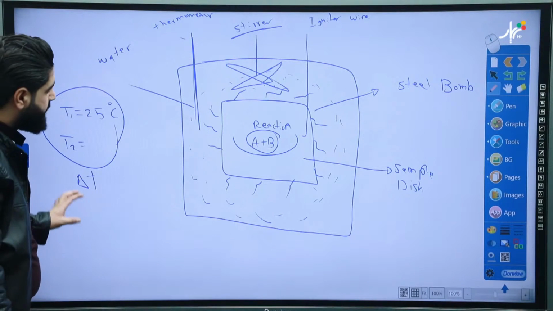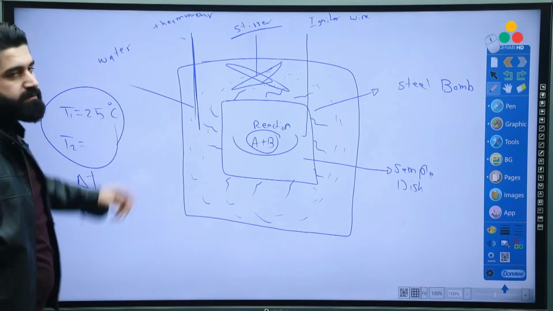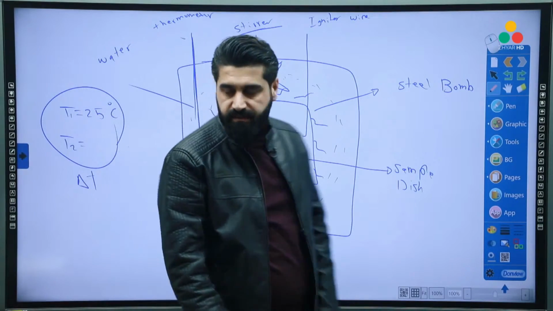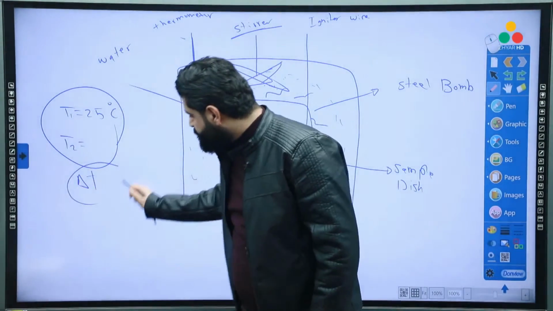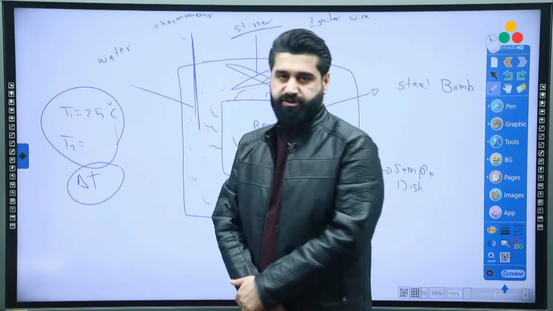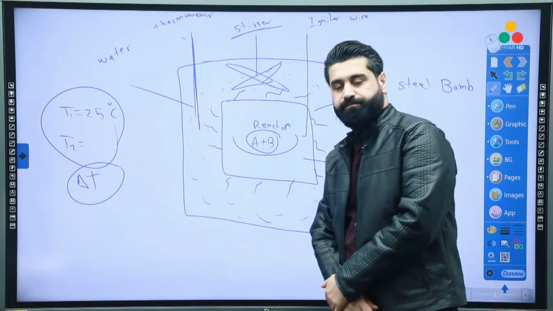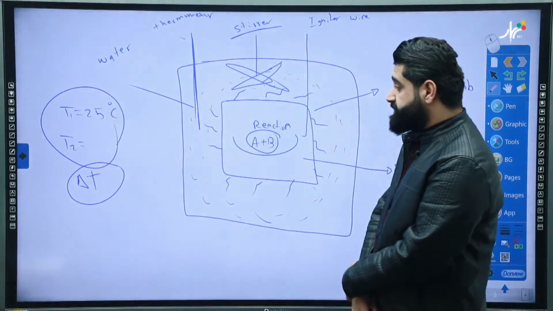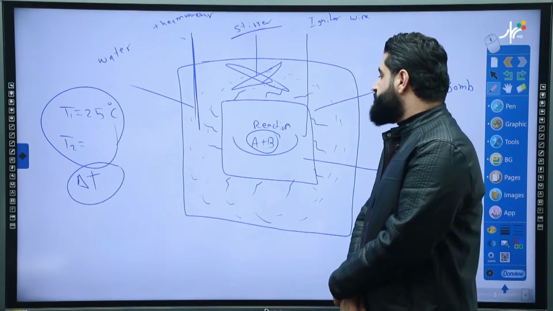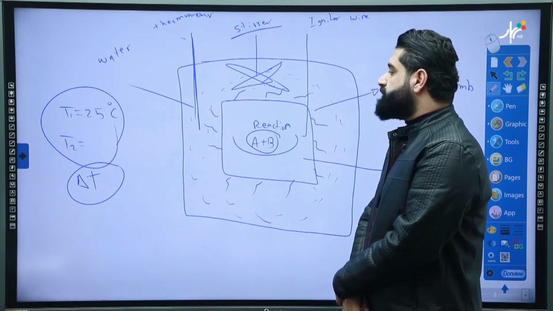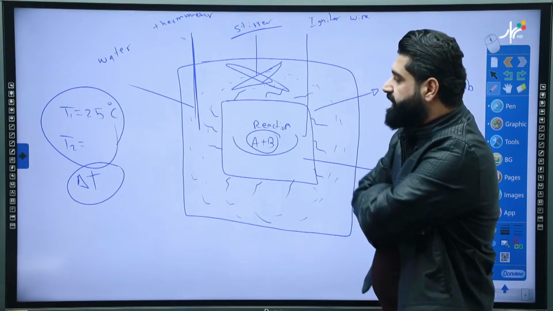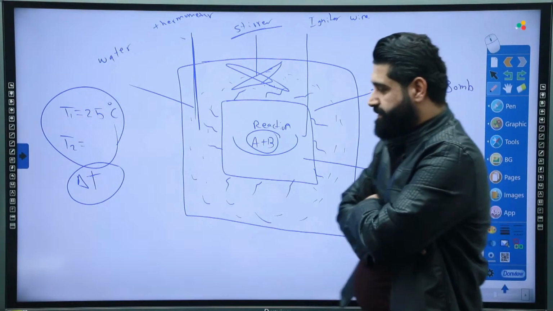So which data can be calculated from the calorimeter experiment? Delta T, the change in temperature, in Kelvin or Celsius. But sir, you told us that the calorimeter is used to measure the energy, heat, not temperature.